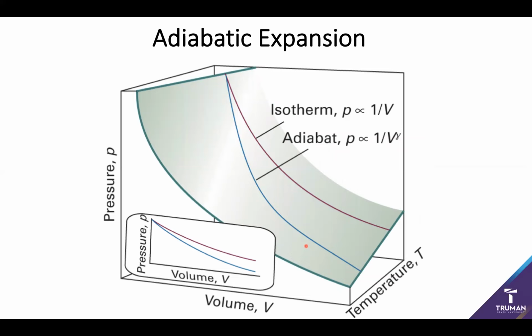And again, one of the reasons why some of these relationships can be a little bit confusing is we're used to looking at simple two-dimensional relationships, like our isotherm, which is under a constant temperature regime, and I simply see this inverse relationship in between pressure and volume.